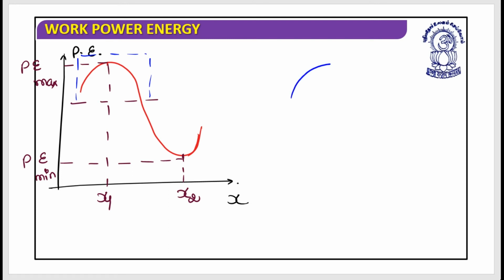Let's suppose it is something like this, and I have put a certain object over here. What you need to do is observe this with the help of the u versus x graph. This is an object M, placed on something like this, maybe a certain curvature or maybe a certain object.